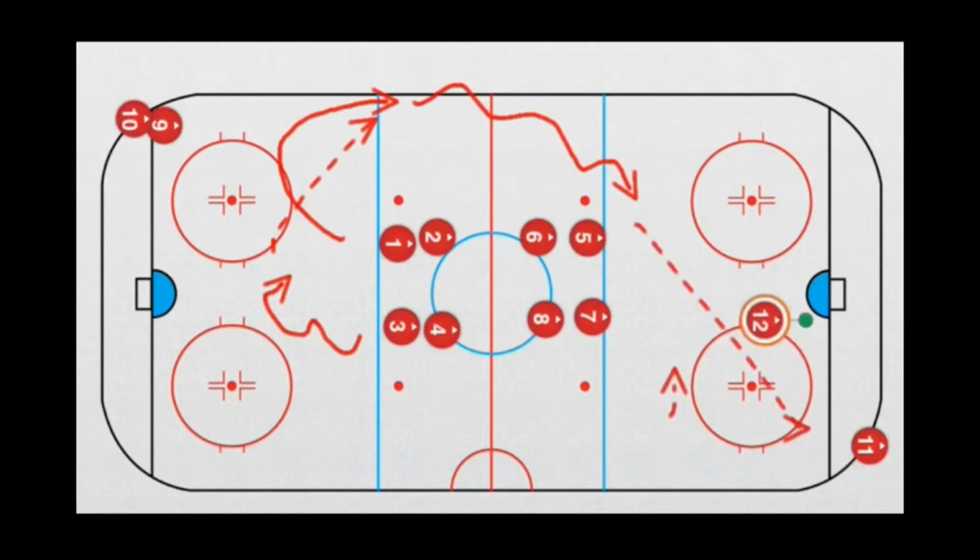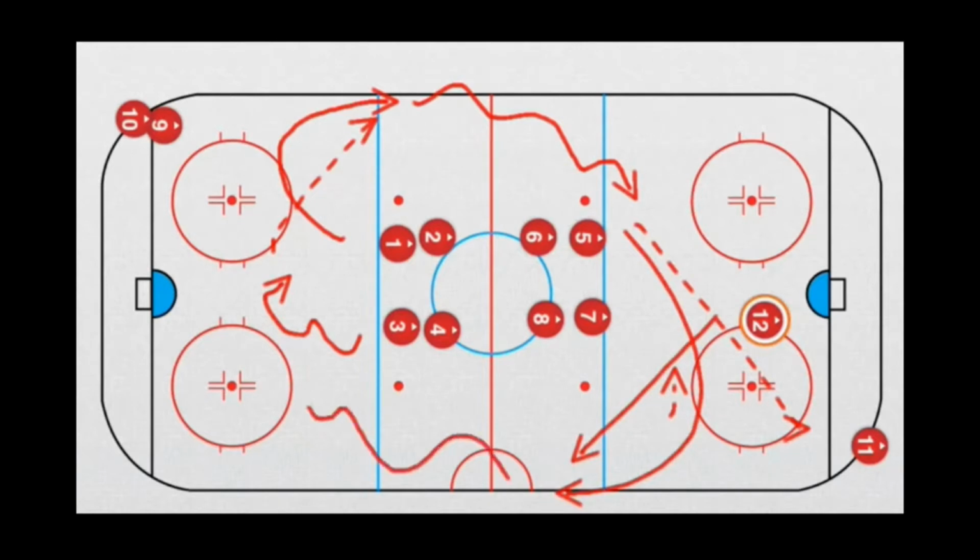This player goes this way and this player continues in this move. Now pass. What we want to see right now, this player has a puck and he takes a shot on the goal.